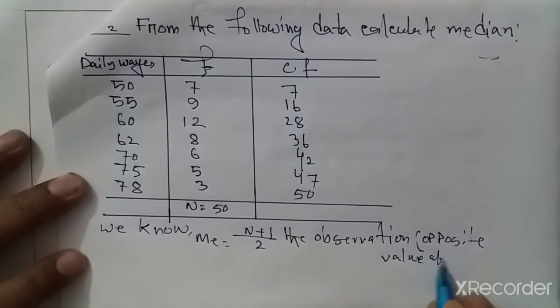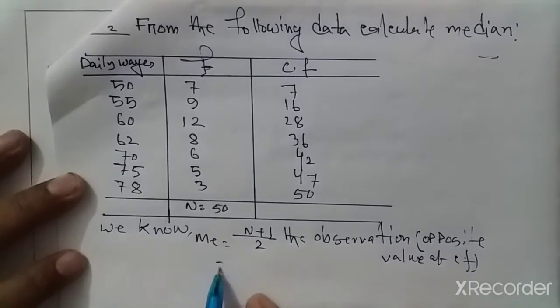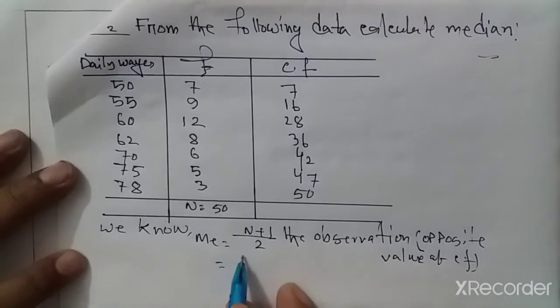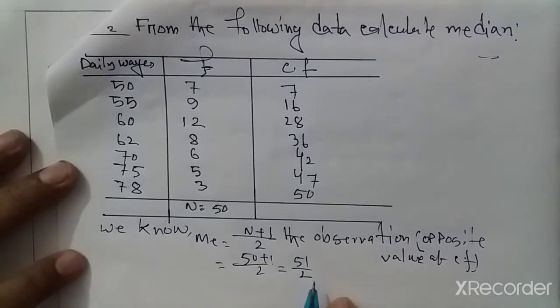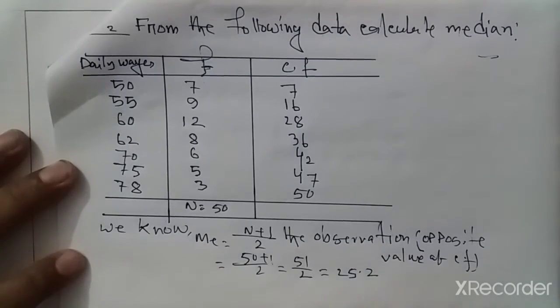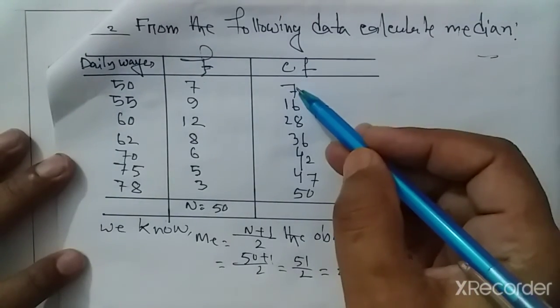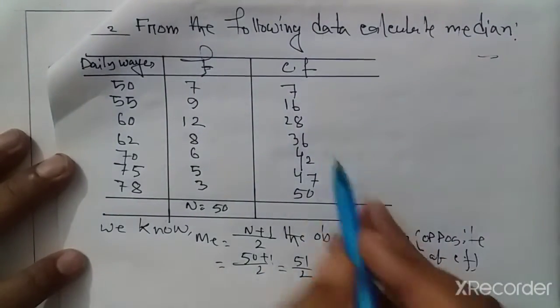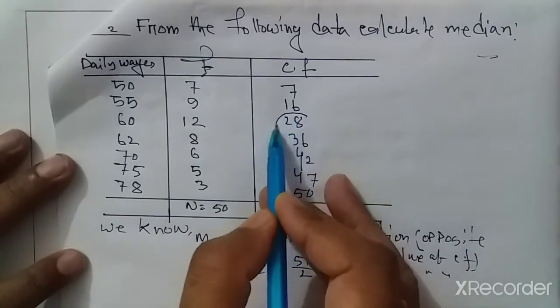Now put the value of N equal to 50. 50 plus 1, 51, divided by 2 is equal to the 25.5th observation. Now 25.5 lies in CF 28.